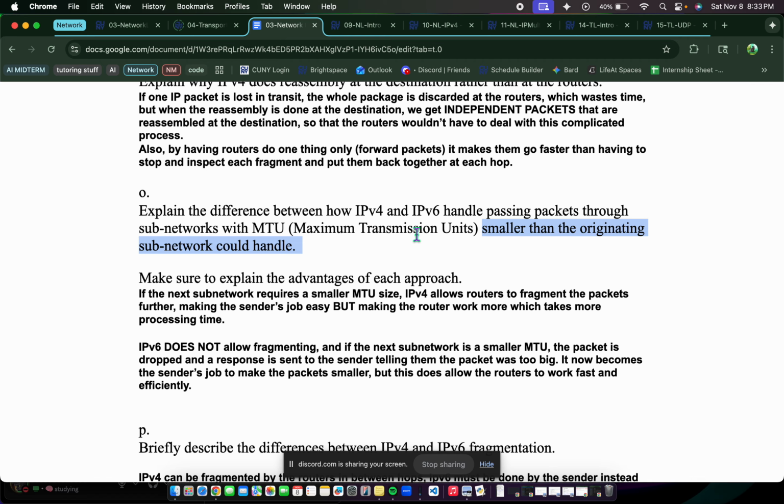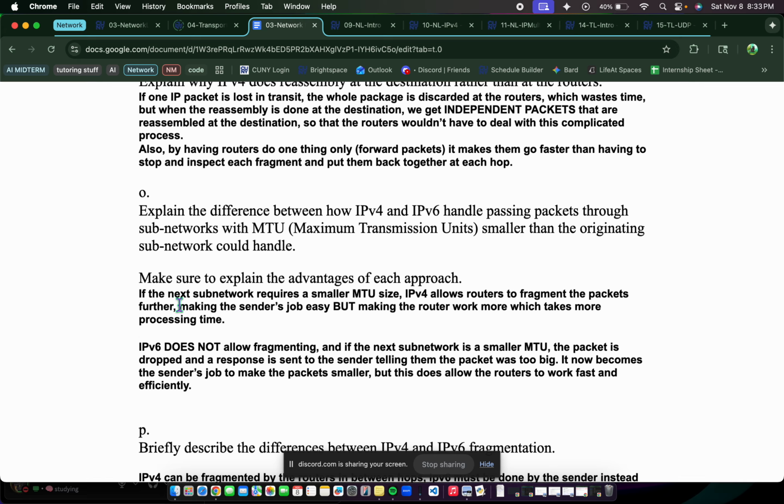So it kind of ends up looking a lot like a bottleneck. With IPv4, if the next subnetwork or the next link has a smaller MTU size, the routers are able to refragment the packets further. And we're going to do an example like this.